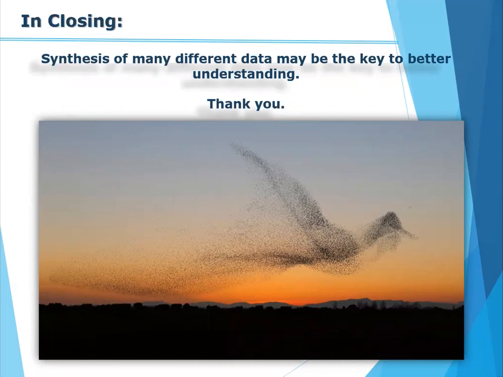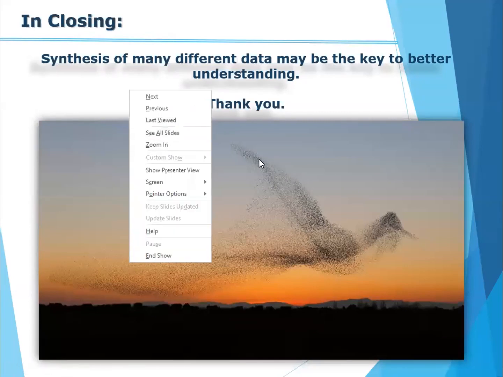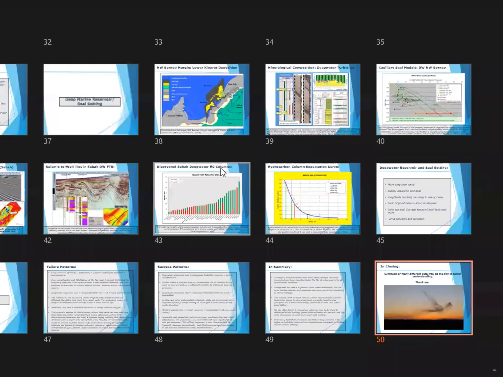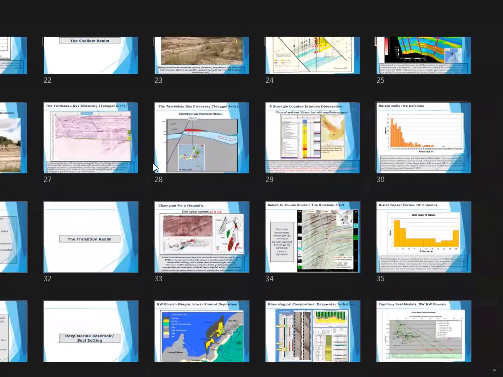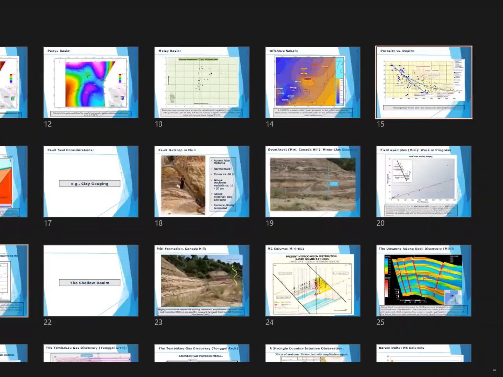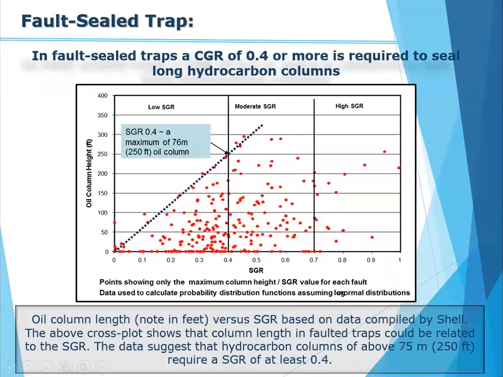Thank you. There was one slide I showed from Sabah, which is that the critical shale gouge ratio is 0.4. So if the shale gouge ratio is higher than 0.4, you're in business, and if it's lower than 0.4, it's very, very shaky. But your question is also whether there is a difference with overthrust or reverse faults.